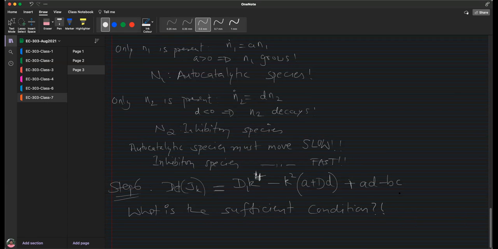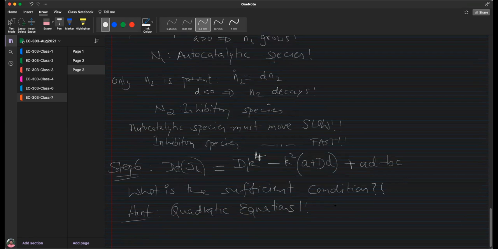Whatever conditions that entails will be the answer to this question also. So I want you to think about this, and the hint is basically that of quadratic equations.